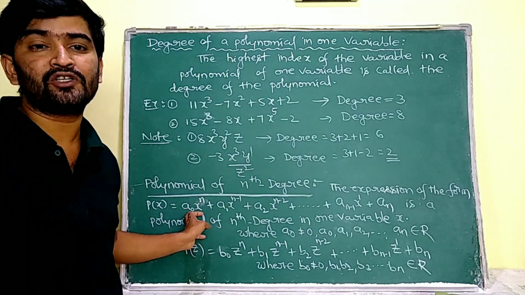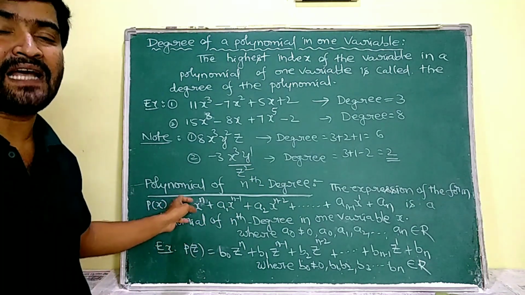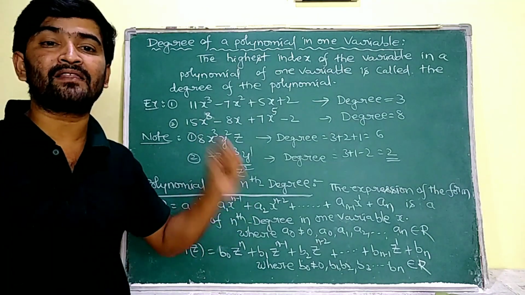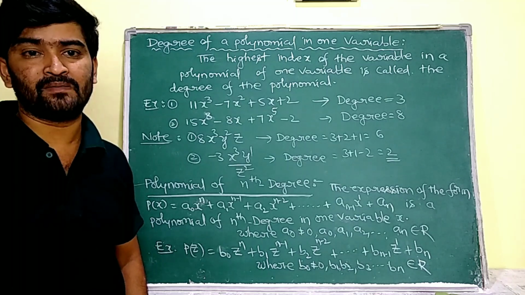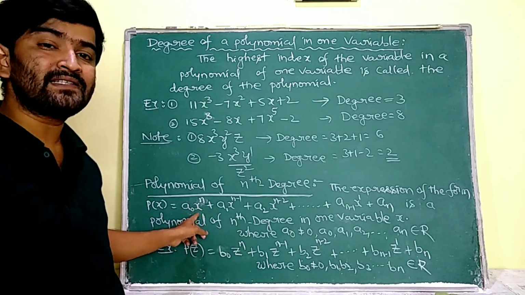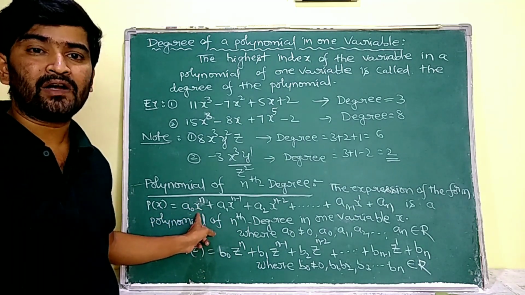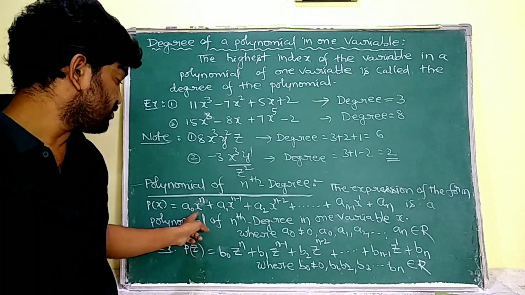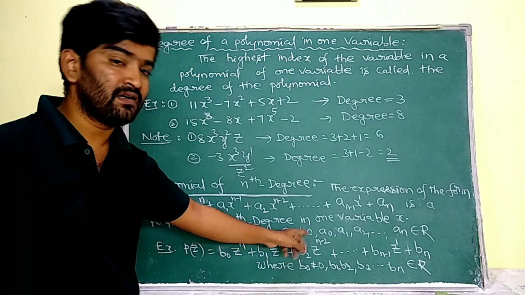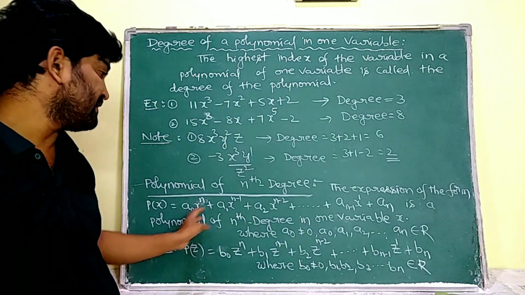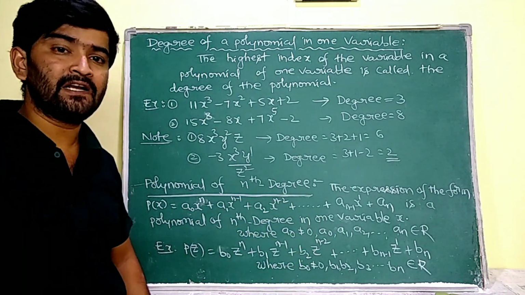Why a0 not equal to 0? Because we mentioned it is nth degree, in the sense that the nth degree term must be there in the given expression. So to retain this x power of n term, we have to take its coefficient as a non-zero value. That is why a0 is not equal to 0. The rest of the coefficients all belong to real numbers.